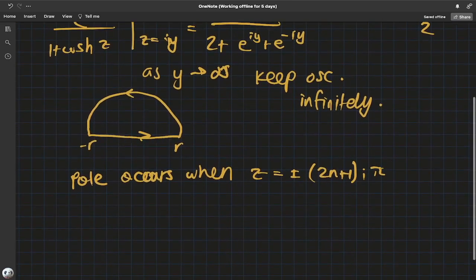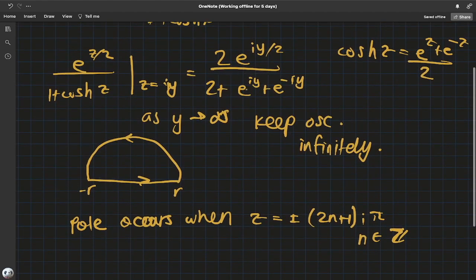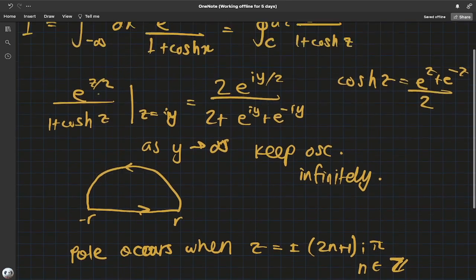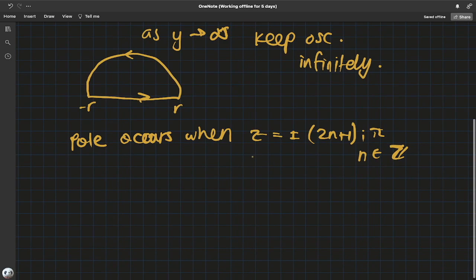So for odd multiples of pi, we have a pole, because you can check that in this denominator, or rather in this definition, e to the odd i pi will give you a negative 1, and then a negative 1 from the other e term will give you a 0 in the denominator.